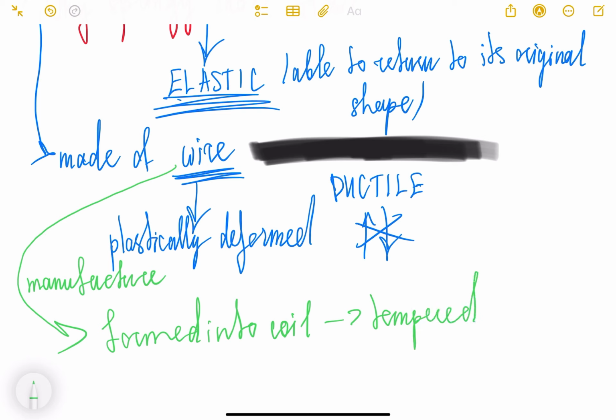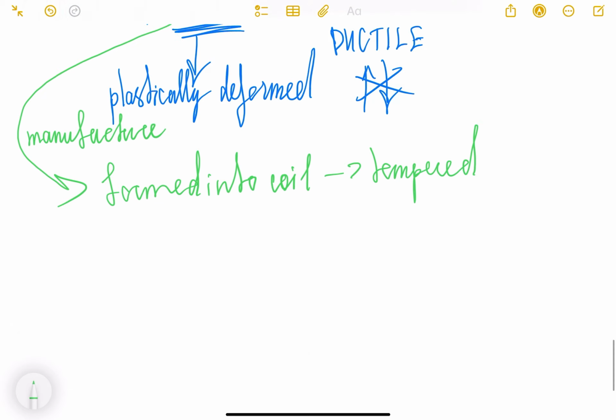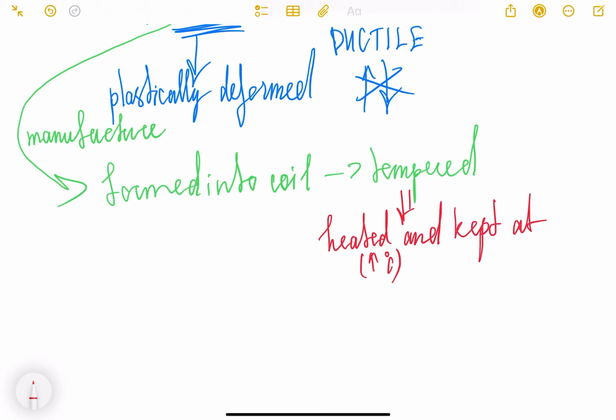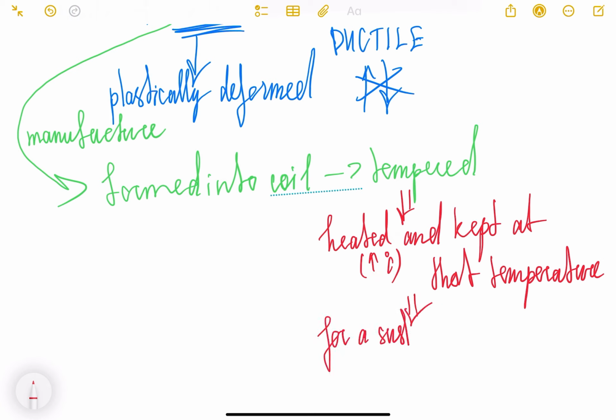Tempered means a process which is heated and kept at high temperature, for a sustained period.